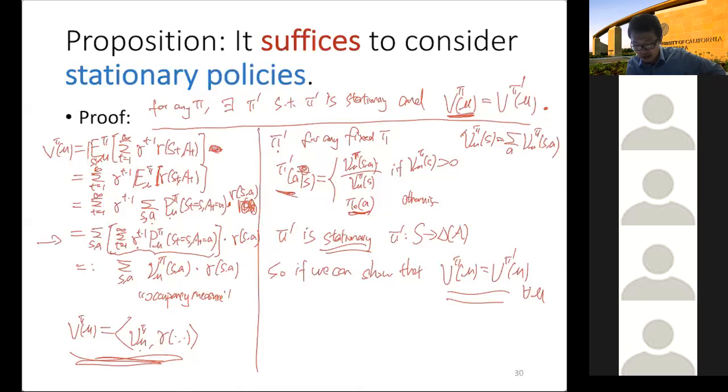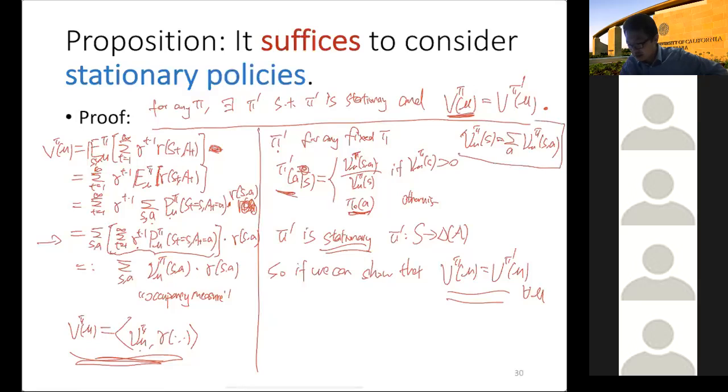And the state occupancy is a marginal state distribution induced by this policy pi. So that's why I can just marginalize it by summing over a.